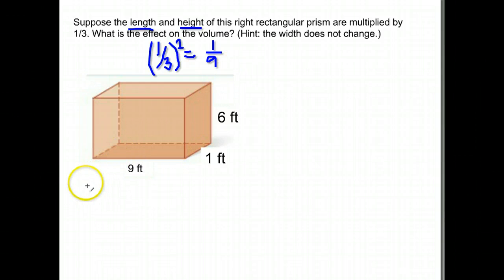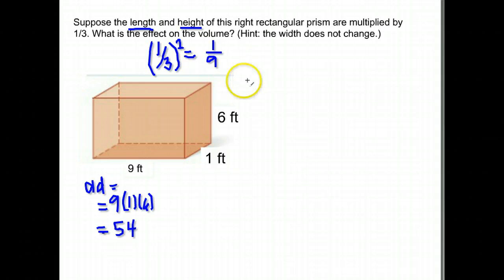Now our old volume, before we make any changes, is going to be 9 times 1 times 6, length times width times height. We did that on the previous one, and it was 54. Now let's find the new one. We want the length and height to be multiplied by 1/3. The length is 9. If we multiply that by 1/3, we get 3.